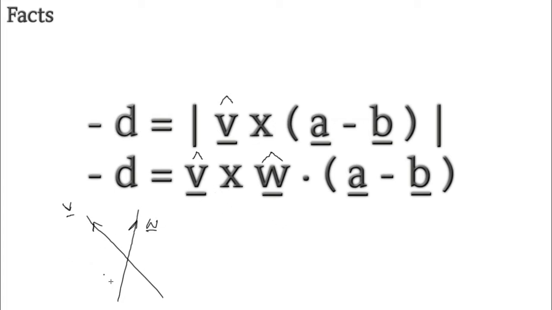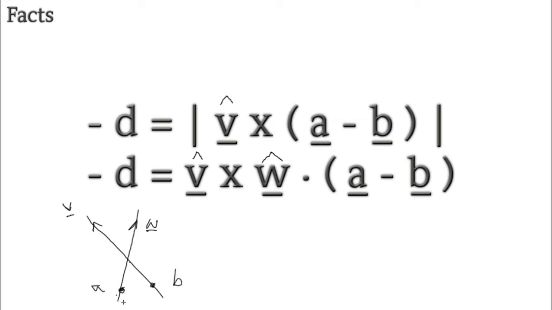For this one, p cross w, it would actually result in the vector pointing into the plane. You do not need to know which way it points, in all fairness. Then we've got a − b, which is essentially, say this is point a and this is point b.